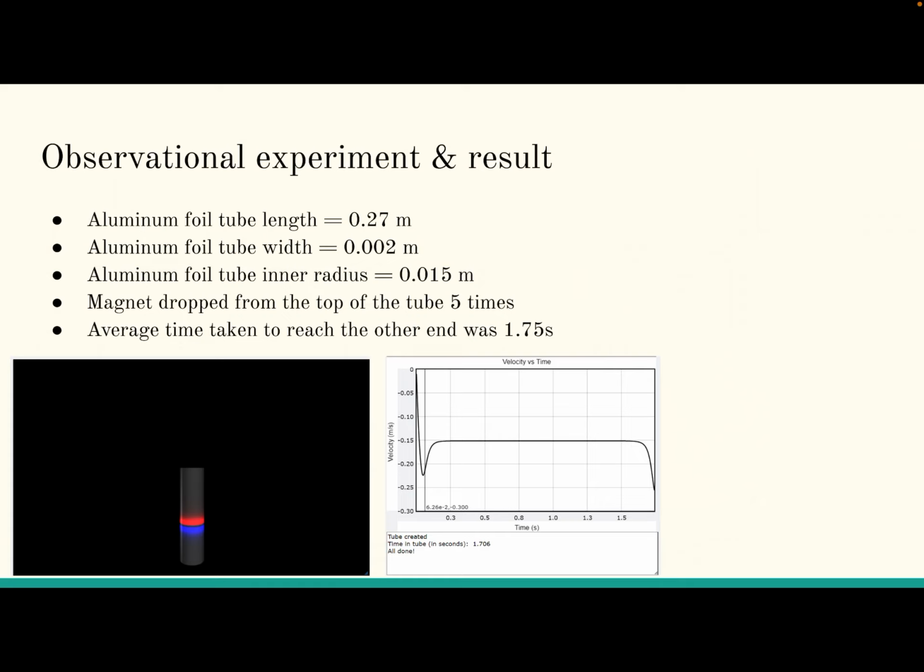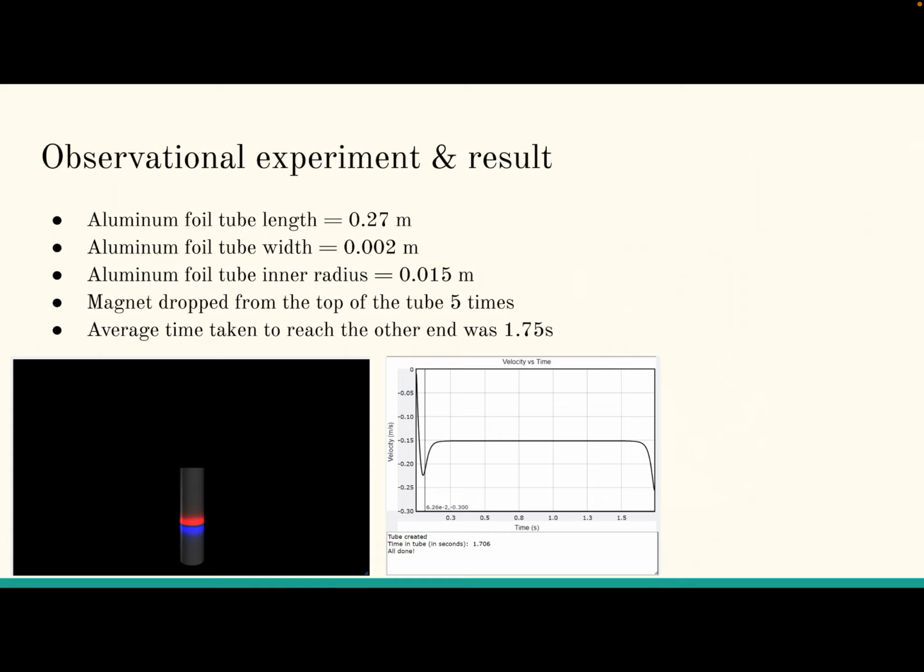Then, like the instructions said, I did the experiment 5 times, testing the times, and with the observation, I calculated that it took around 1.75 seconds as the average time from the top to the bottom. And here in the photos are the results that I got computationally.